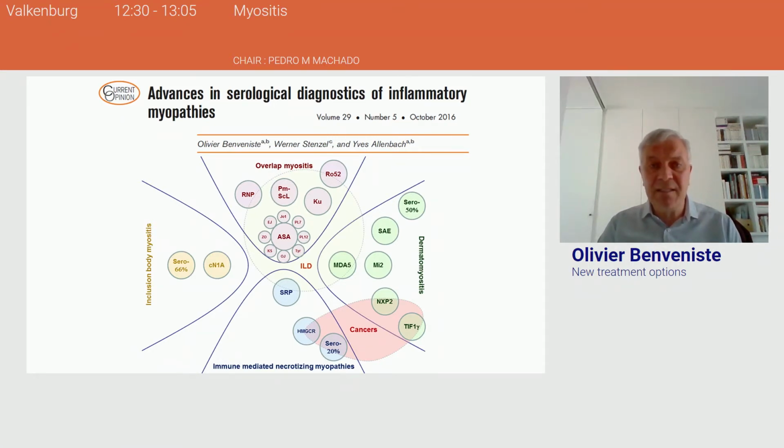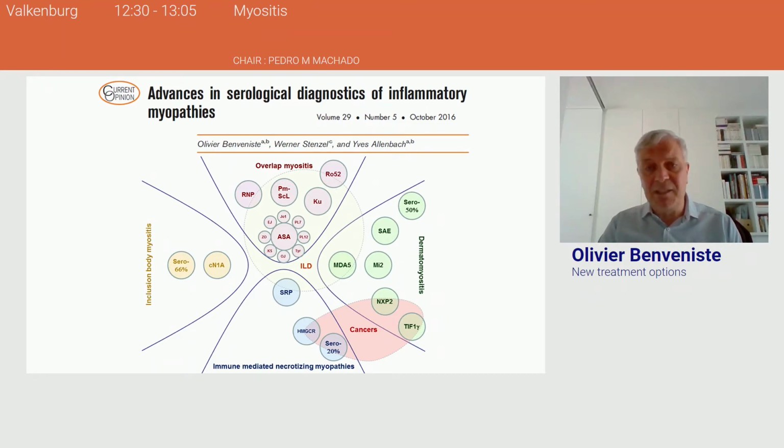The first one is the one I called overlap myositis, because it is overlapping with scleroderma, particularly by the presence of interstitial lung disease, arthritis, and renal phenomena. You can also find autoantibodies specific or frequently linked with scleroderma, such as PM-Scl, RNP, and Ku, but also the subgroup of patients with anti-synthetase autoantibodies.